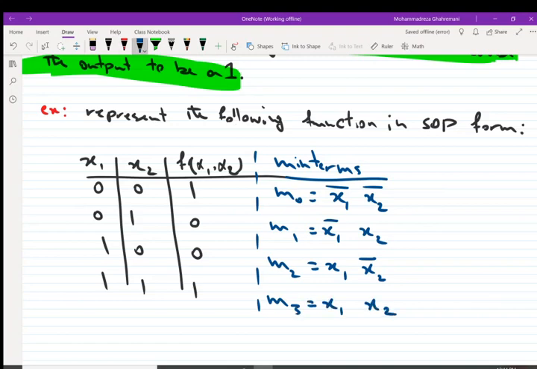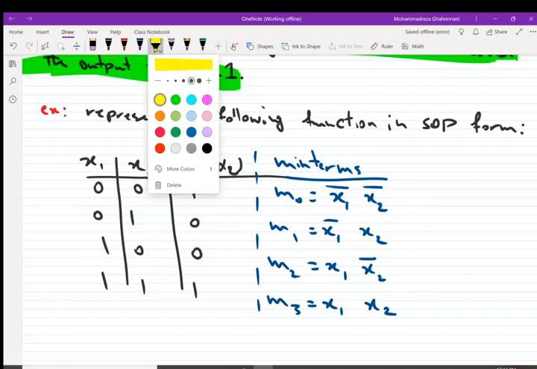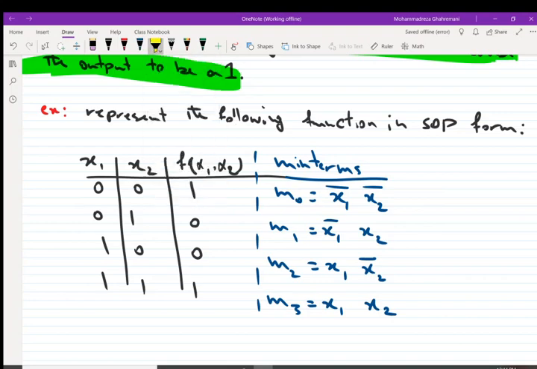Okay, we have all minterms. So which of these minterms causes the output of the function to be 1? The output of the function is 1 for these two combinations. So we pick those minterms.